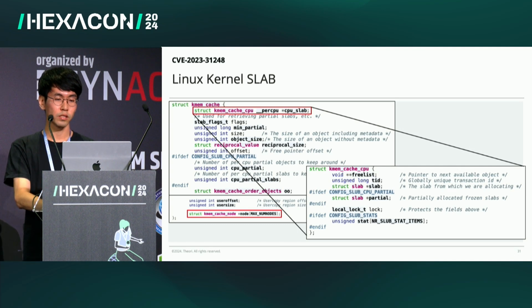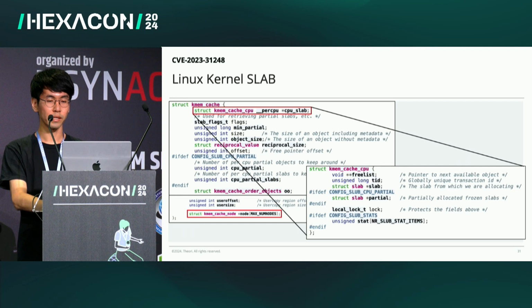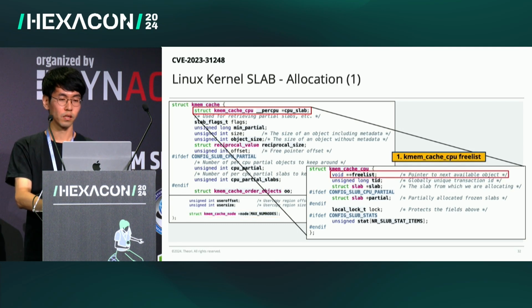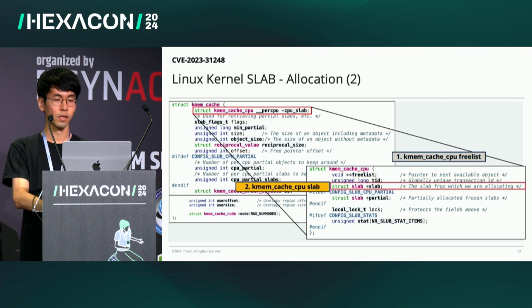The kmem_cache structure is implemented like this. We can see that it contains the per-CPU slab and node. In slab, objects are allocated in several steps. First, it allocates objects from the freelist of the per-CPU slab. Then, if no object is available in the freelist, the objects are allocated from the active slab.